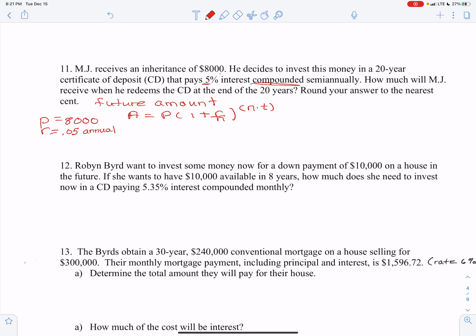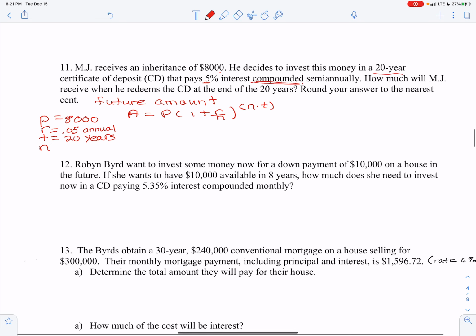He's going to leave that money in the account for 20 years. This is a 20-year certificate. So N is the number of compounding periods in 1 year. If it's compounded semi-annually, they're going to calculate the interest twice in 1 year and add it on.